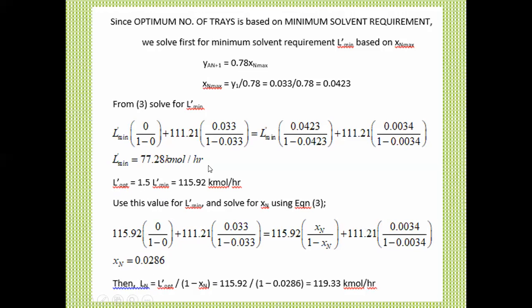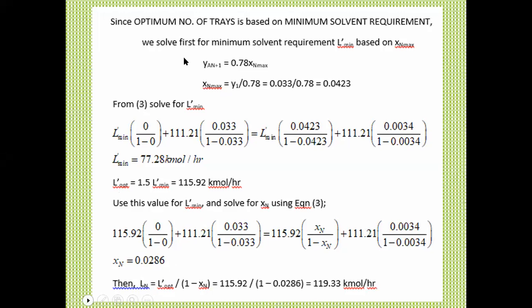This one entered your column, while this one is the phase that left your column, carrying already this concentration of ethyl alcohol. Now, you know already the Ln, you have already the L prime optimum, which is 115.92, and you have the V. We did not change any of the V because that's the V that we processed, and it is summarized in here.